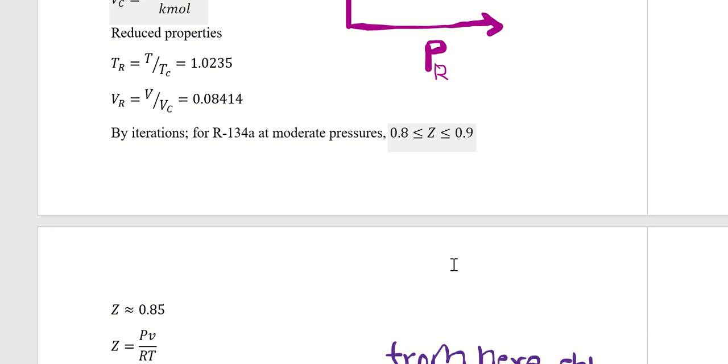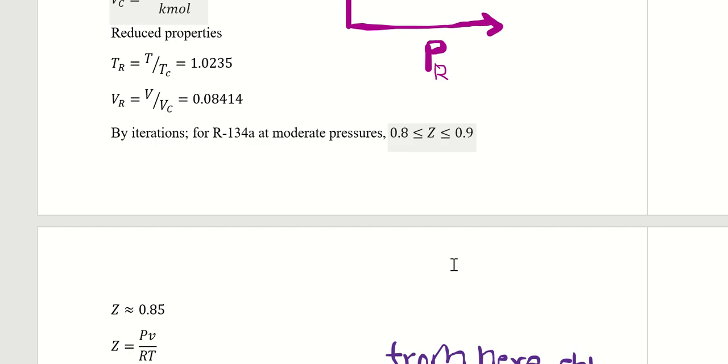And you're going to pick the value of Z. Remember, if we could find the reduced pressure, we would just get this value by tracing out a line until it meets the curve.